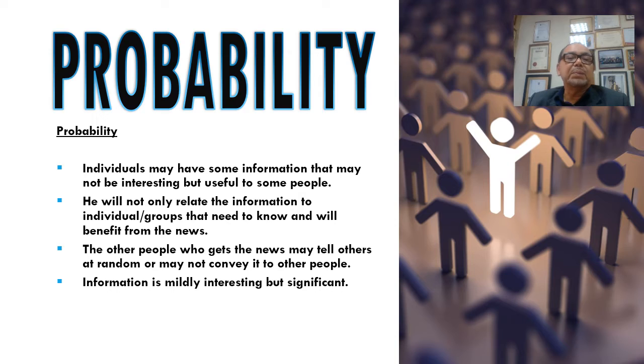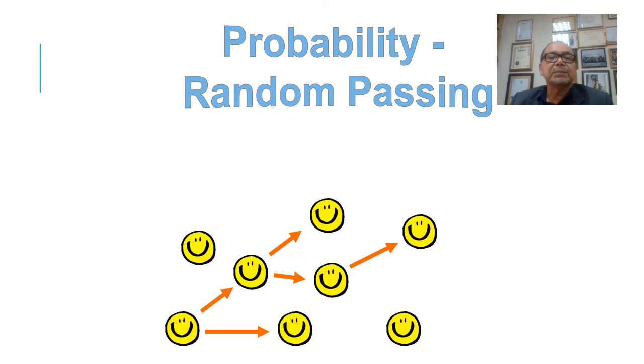So don't go for this probability kind of communication, because if it doesn't go to the right person, the good information you have goes to waste. Buang masa saja. So this is another type of communication that you have to look into in the organization.